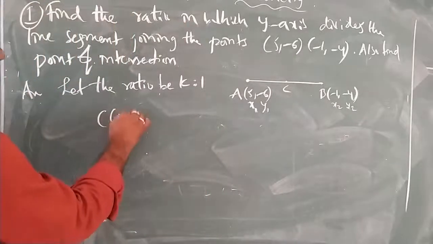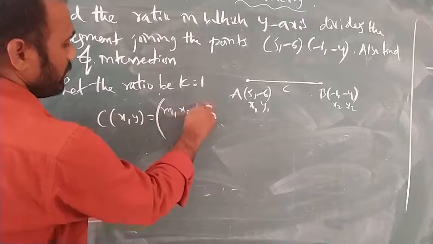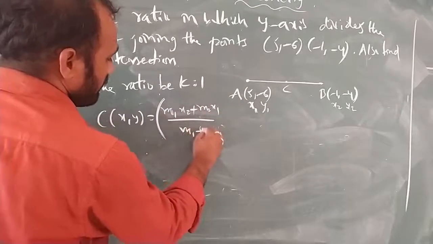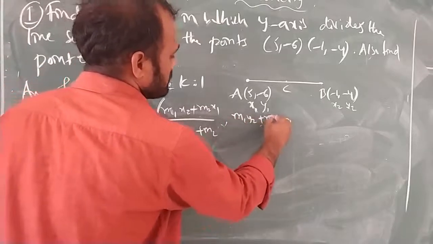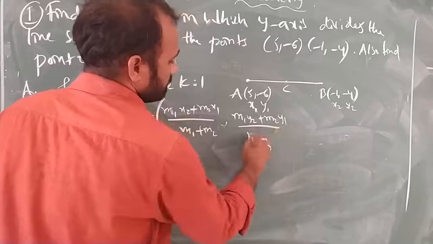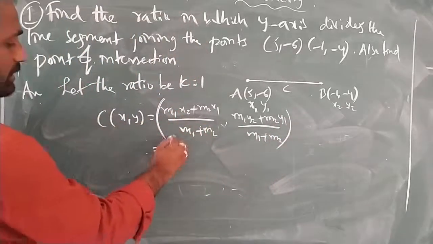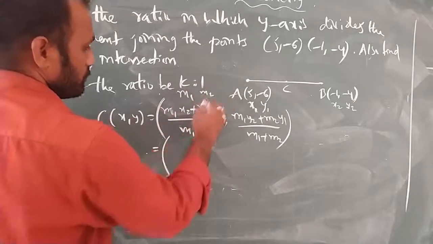So C x comma y is equal to, section formula we need to write, m1 x2 plus m2 x1 by m1 plus m2 comma m1 y2 plus m2 y1 by m1 plus m2. Here it is m1, here it is m2.